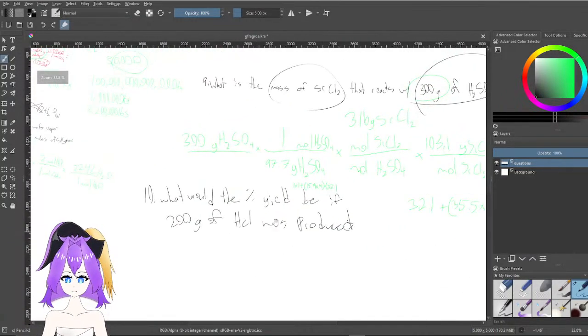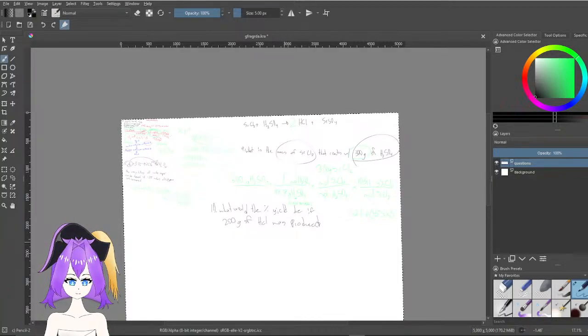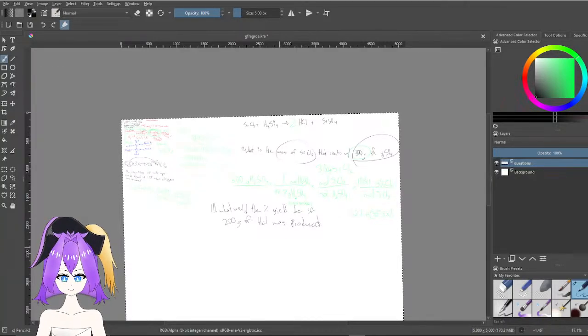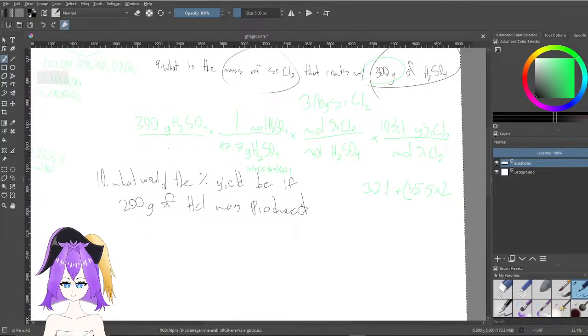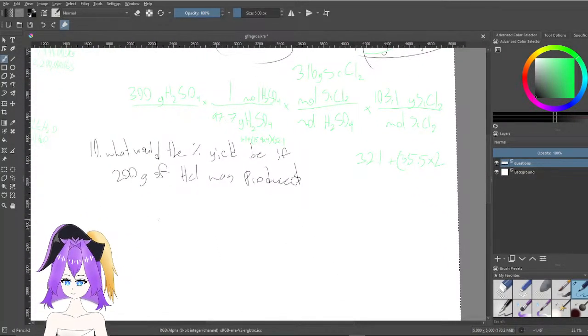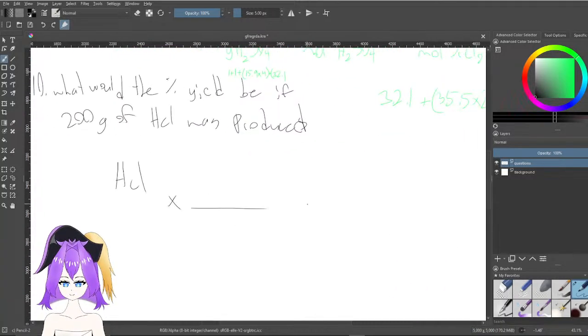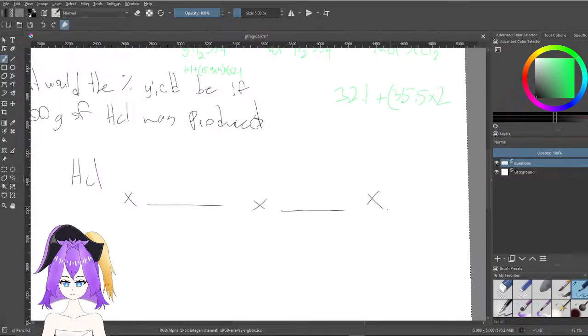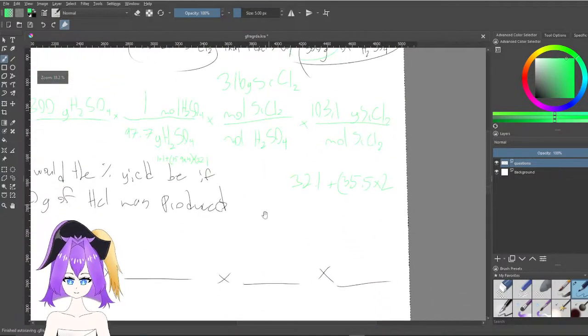Okay, so am I supposed to do this entire thing, but do I just start with HCl and then do the stuff? I think that's what I'm meant to be doing here.